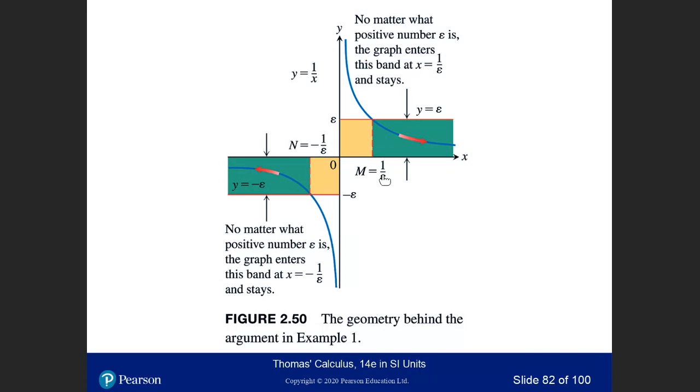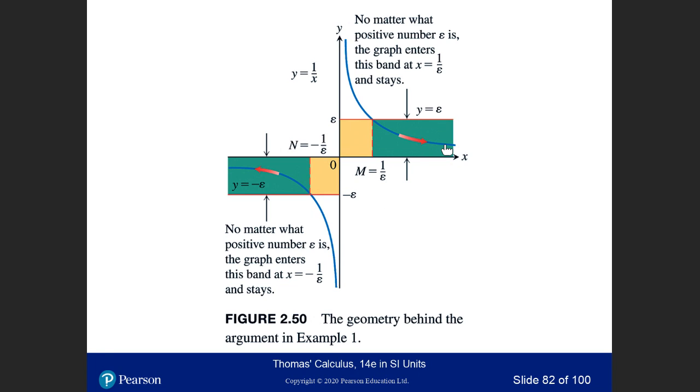What shall I choose for the positive side? Well, I can choose n is equal to 1 over epsilon. And on the negative side, I can choose n is minus 1 over epsilon, which will be a negative number. So if you give me small epsilon, I will choose 1 over epsilon or minus 1 over epsilon. And after some number n, as shown here, I will be close to 0.